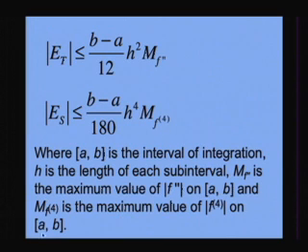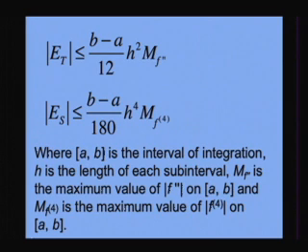The absolute value of the error for the trapezoidal rule is going to be less than or equal to b minus a divided by 12 times h squared, and then we have what's called the maximum value of the second derivative.